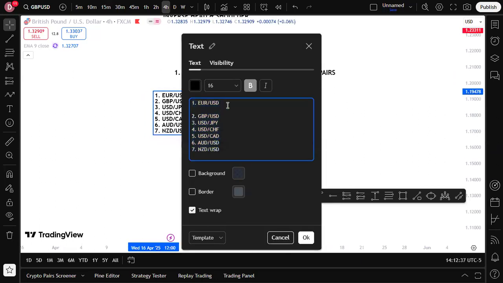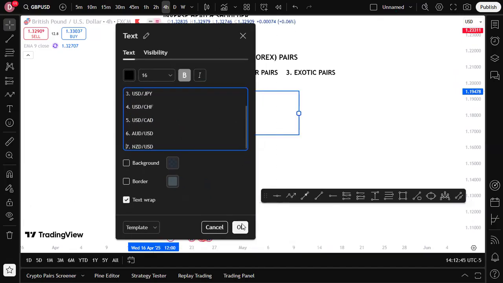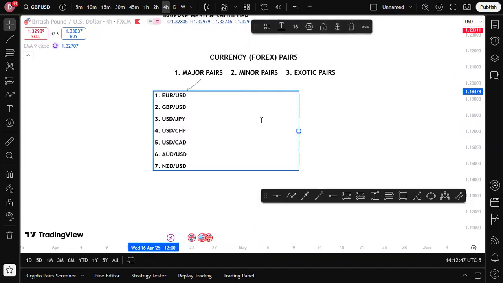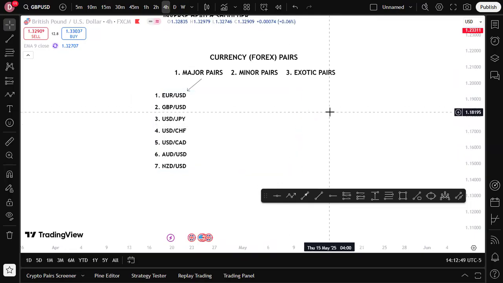So let me just give some space between them. So this looks better. Okay. So these are the 7 major currency pairs traded against the US dollar, and they represent the largest and most commonly traded pairs in the world, right? The first one, depending on how you choose, doesn't really matter.